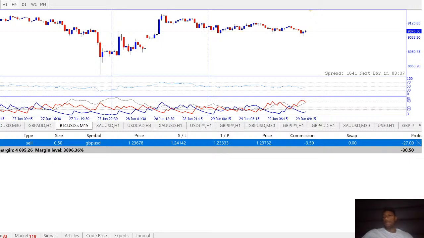For an account of 150, good risk management would be, I would say on the safe side, maybe 0.05 on a $150 account, maybe 0.05 to potentially 0.10 would be on the safe side for a risk management approach.